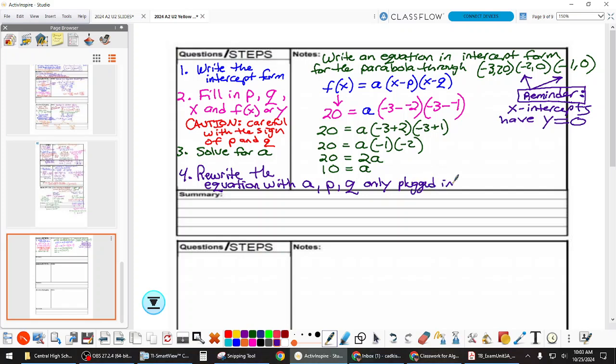Don't put in X's and Y's, that's a specific point. So this now looks like f of x equals 10(x plus 2)(x plus 1).